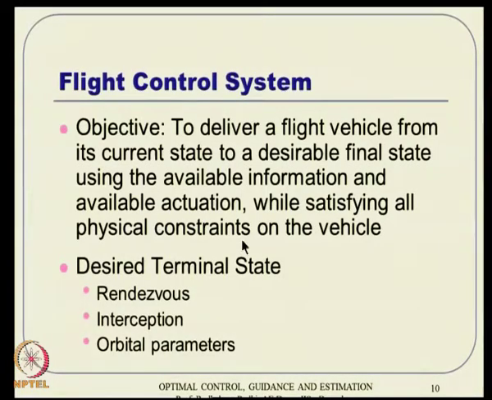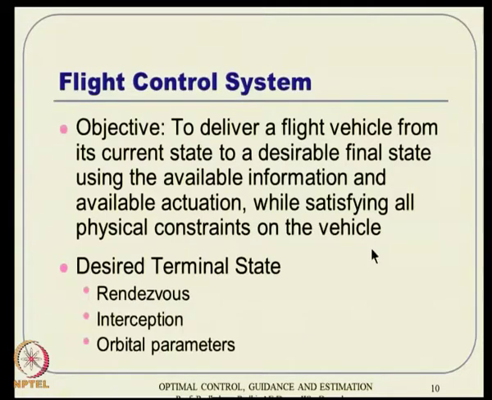And in an overview sense, what is the broader picture of a flight control system? The objective is to deliver a flight vehicle from its current state to a desirable final state using the available information and available actuation, while satisfying all physical constraints on the vehicle. So, you cannot talk about ignoring these things.